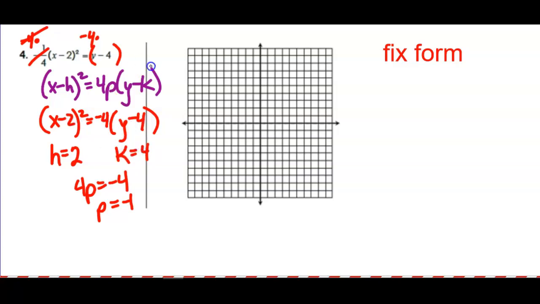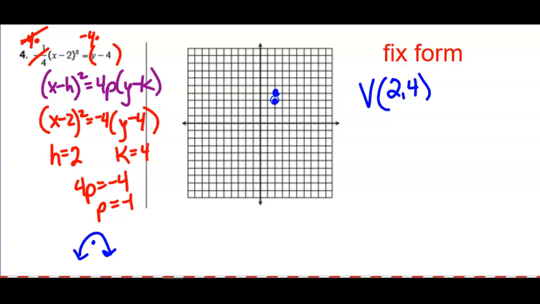Now, this had an x squared, not a y squared, so it's opening up or down. A p of negative 1 means it's going to open down. The focus is going to be 1 unit inside. All right, so the center, the h, k, the vertex, is 2, 4. It's opening down.